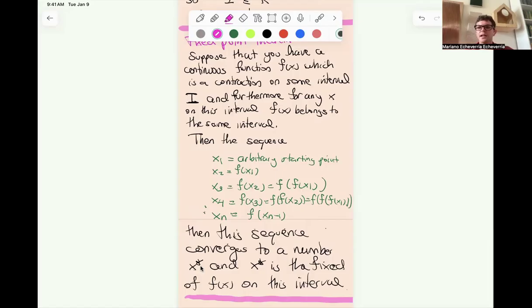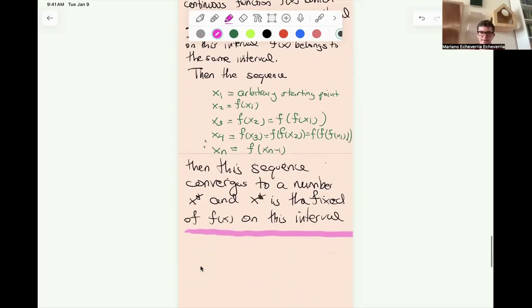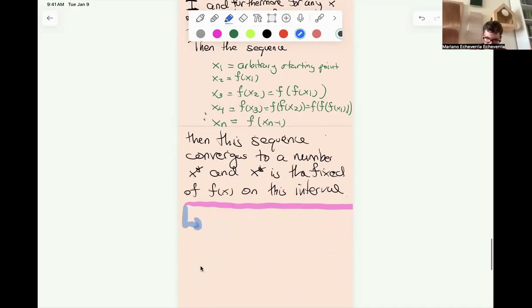Essentially, there are two claims in this statement. The first claim is that this sequence converges, and the second claim is that what it converges to is a fixed point. So it's useful to understand that there are two separate claims. The second one is a little bit easier to understand than the first one, so I won't go into too much detail on the first one, but I'll give you some idea.